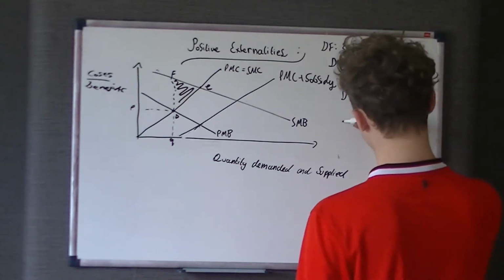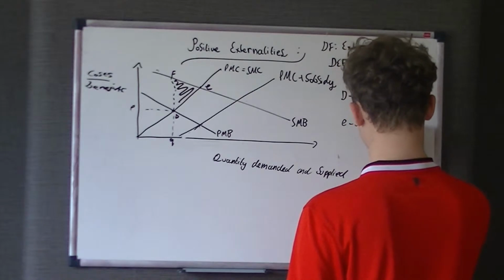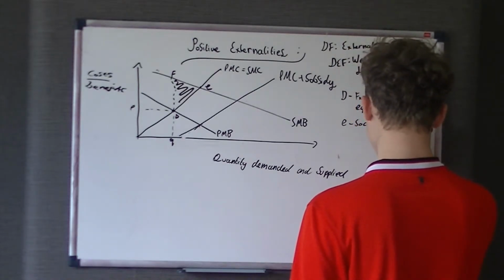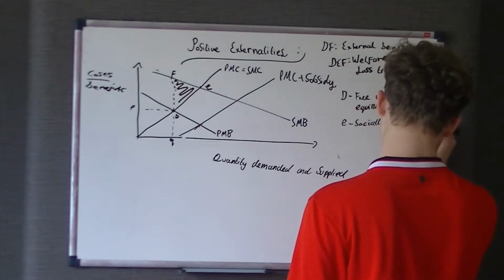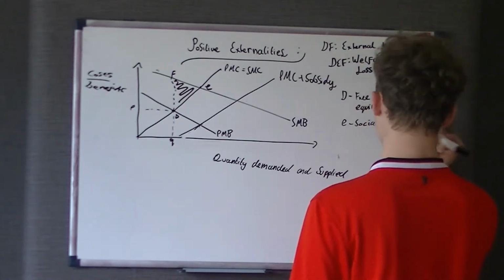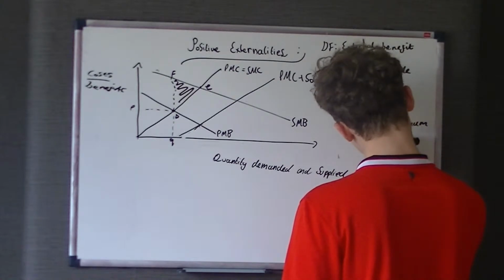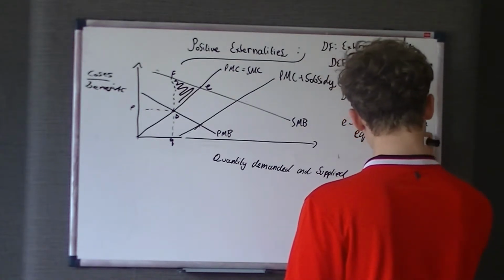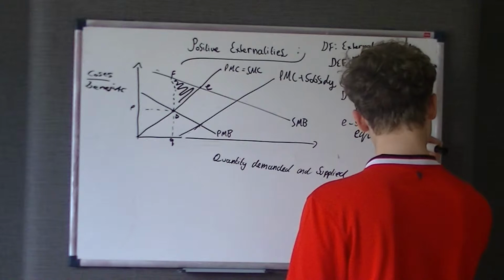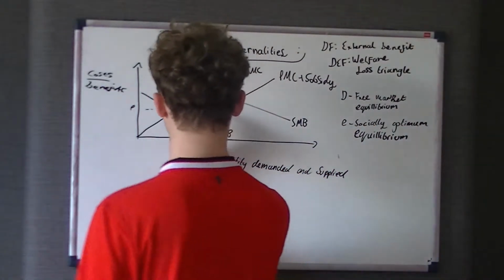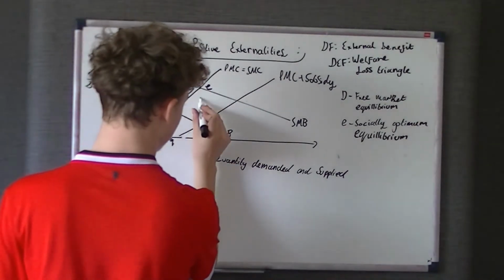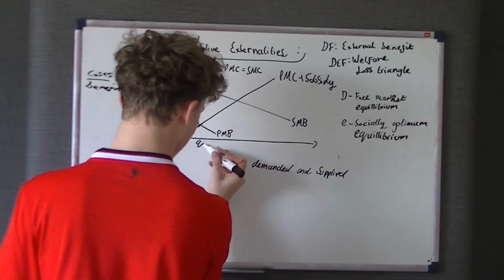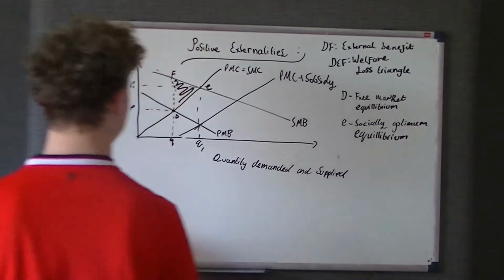And then at E, we've got the socially optimum equilibrium, and obviously that's going to correspond with the price level P1 and the quantity demanded Q1. So I'll go through there.